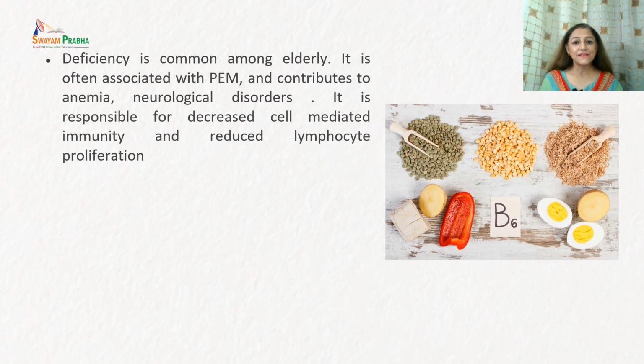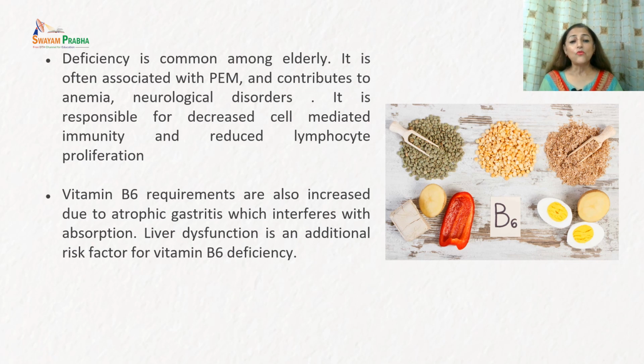Vitamin B6 deficiency is common amongst the elderly. It is often associated with protein energy malnutrition, and it contributes to anemia and neurological disorders also. It is responsible for decreased cell-mediated immunity and reduced lymphocyte proliferation, which contributes towards the impairment of immunity. Now, vitamin B6 requirements are also increased because of atrophic gastritis, which interferes with the absorption of vitamin B6.